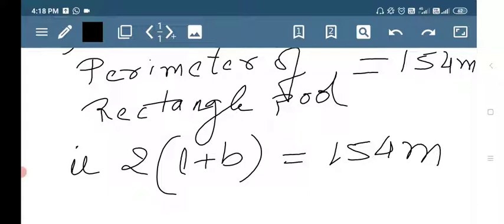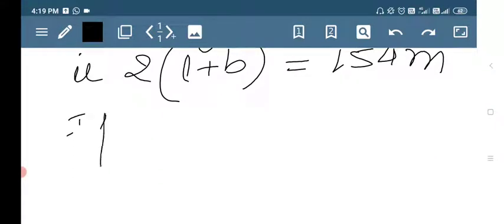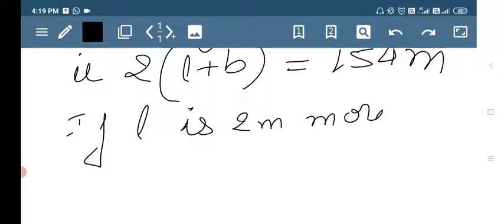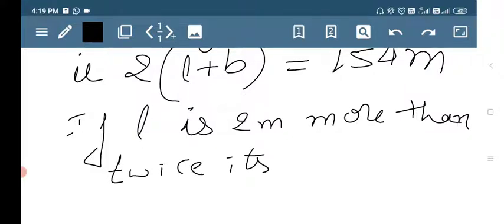Next, continuation to the question. If length is 2 meters more than twice its breadth.